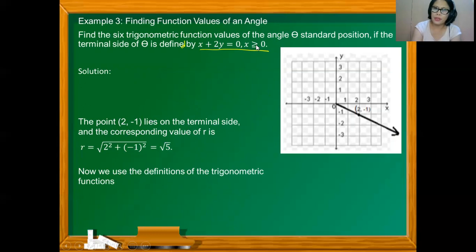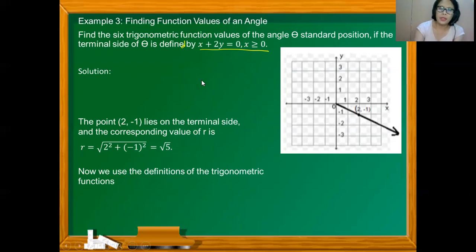So we are restricted to select values of x which are from 1 to infinity. So we are not going to consider 0. Instead, we're going to consider 1 up to positive infinity since the terminal side lies on the fourth quadrant.